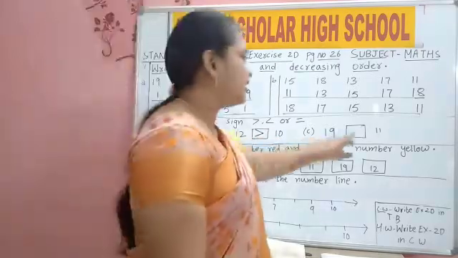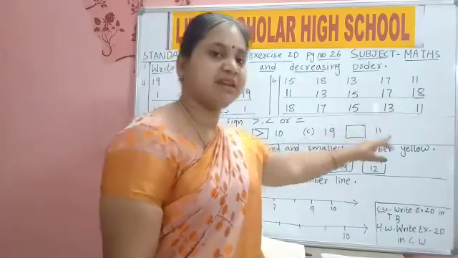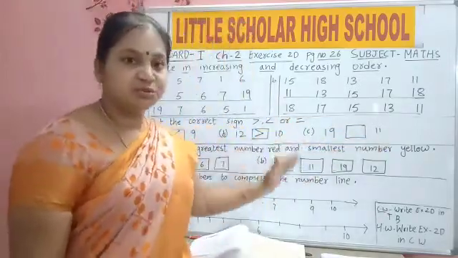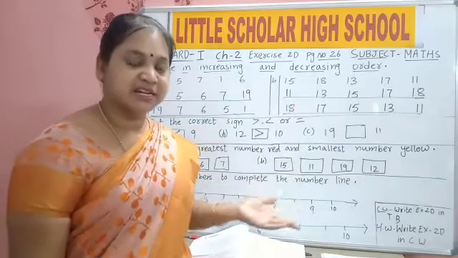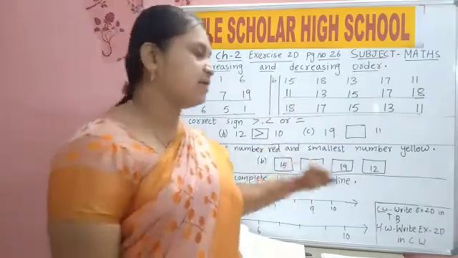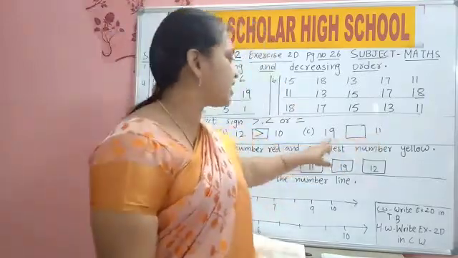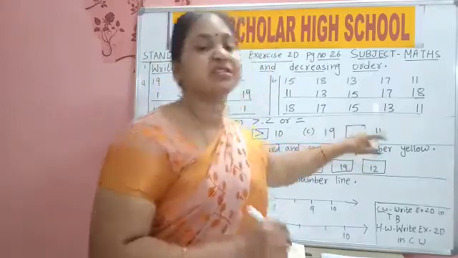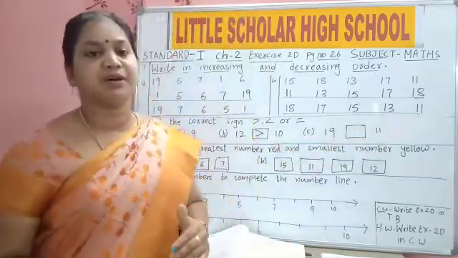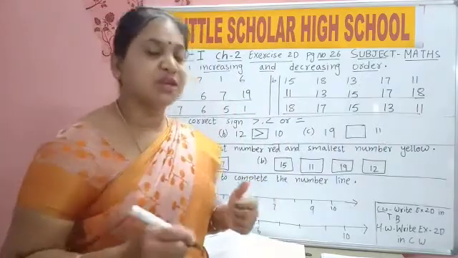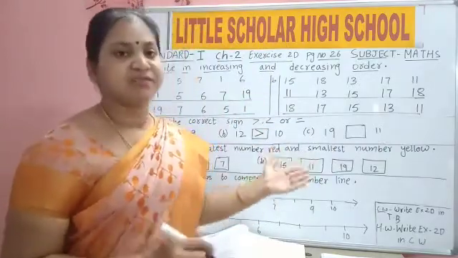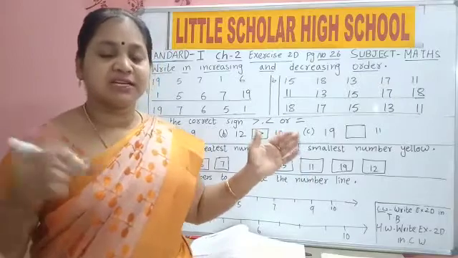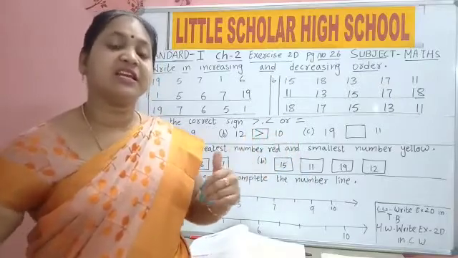Next, 19 and 11. Among these two, which is the greater number? When you write numbers, will you write 11 first or 19 first? We write 11 first, that means 11 is the smaller number. After 11 come 12, 13, 14, 15, 16, 17, 18, then 19.